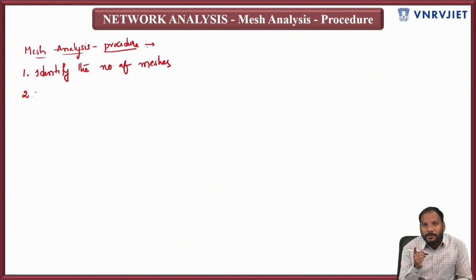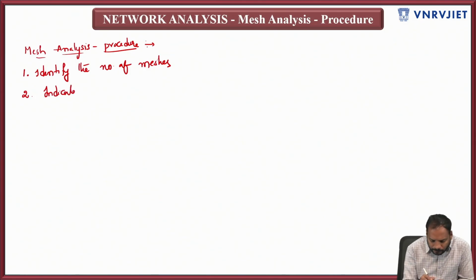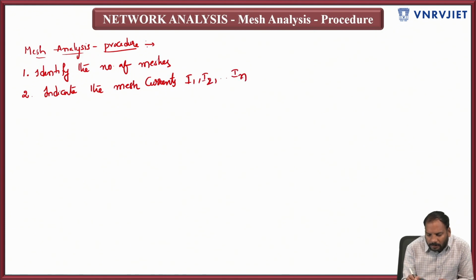There you indicated the nodal voltages; here you need to indicate the mesh currents, something like I1, I2 and so on up to IN if there are n meshes.